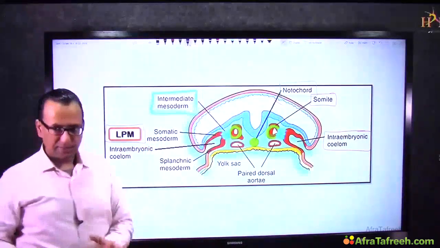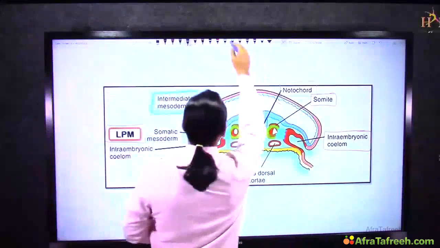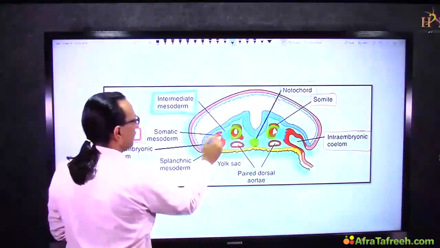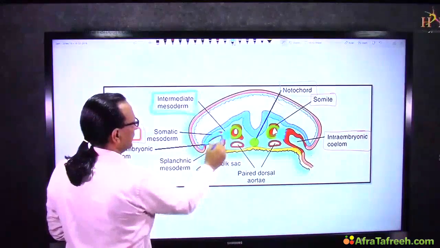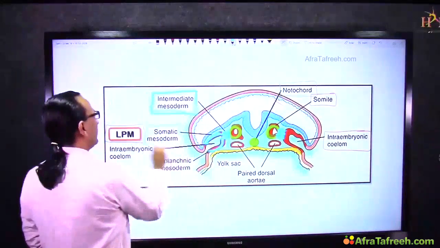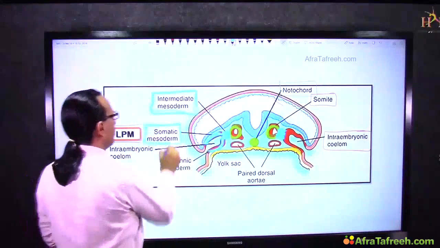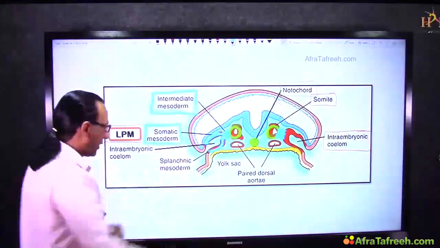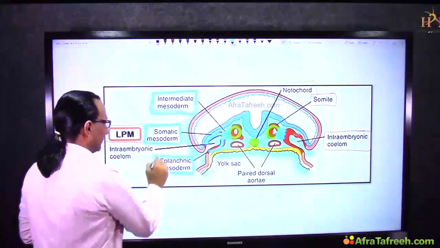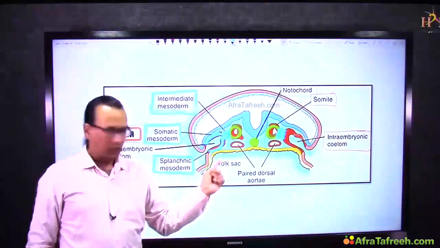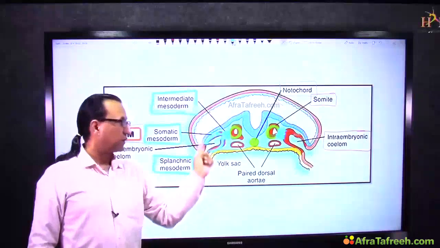And when you say lateral plate mesoderm, as you are marking it, this is going to have two parts. There will be a dorsal and there is a ventral. Dorsal is the somatic and ventral is the splanchnic. Splanchnic means visceral, separated by the coelomic cavity, the third cavity.